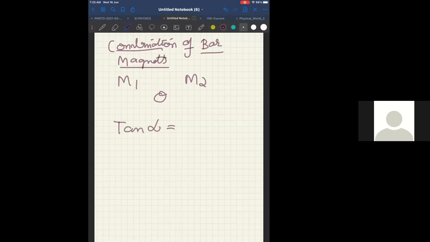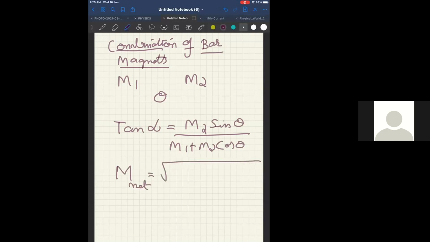Therefore, over here it will be M2 sine theta divided by M1 plus M2 cos theta, and then the net or resultant magnetic moment will be square root of M1 square plus M2 square plus 2 M1 M2 cos theta.